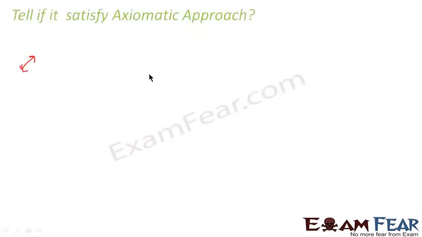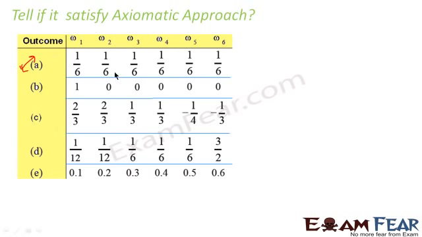So let's add this: 1 by 6 plus 1 by 6 plus 1 by 6 plus 1 by 6 and so on, what we get is 6 by 6, which is equal to 1. Also, all the probabilities we see here are greater than or equal to 0 and less than or equal to 1.